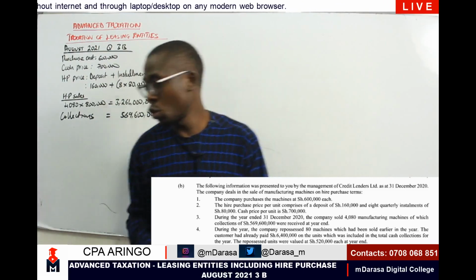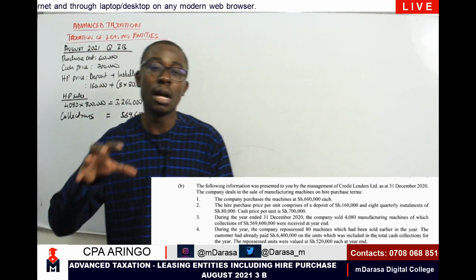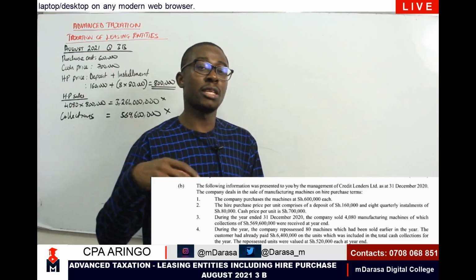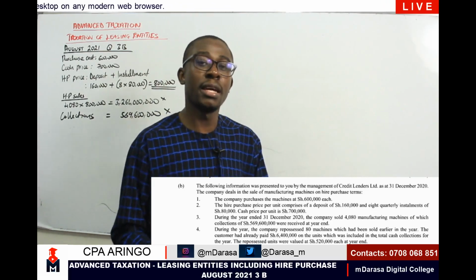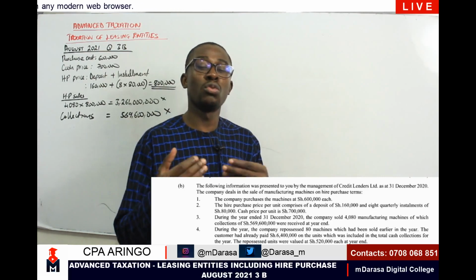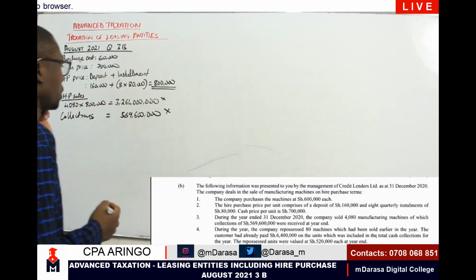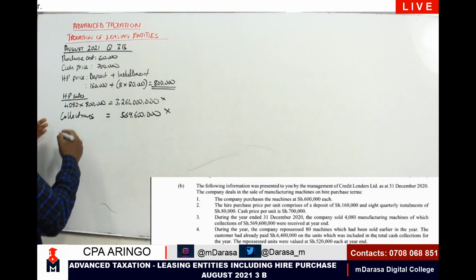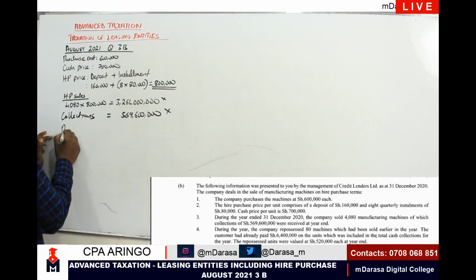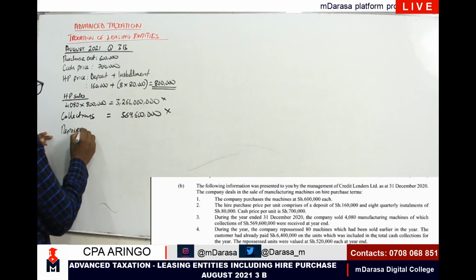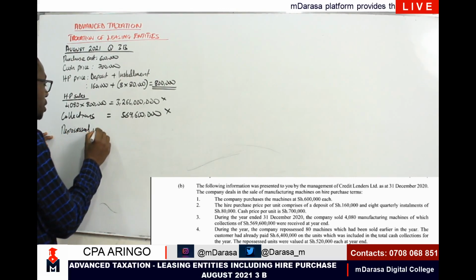So the question will be, what will be our actual amount which is outside? In this case, we are talking of debtors. And in this case also, we should be able to determine our gross profit. So basically, in this case, analyzing that, we are having repossessed goods, repossessed units.